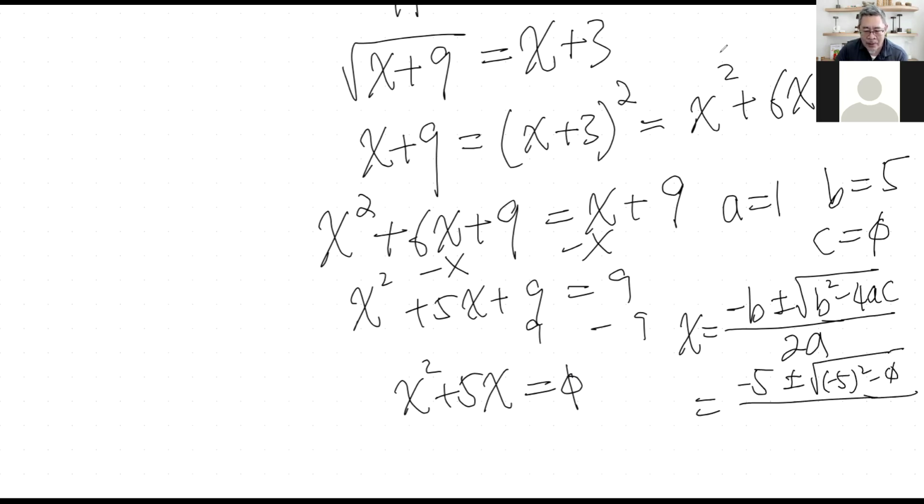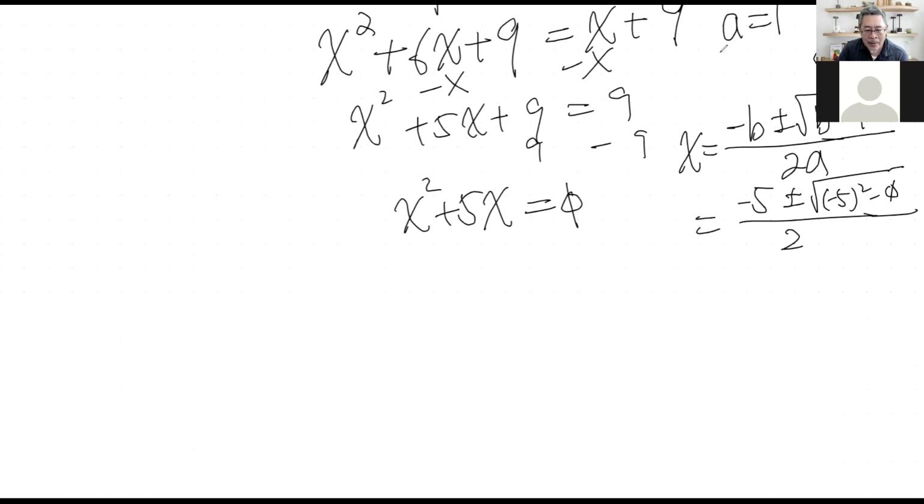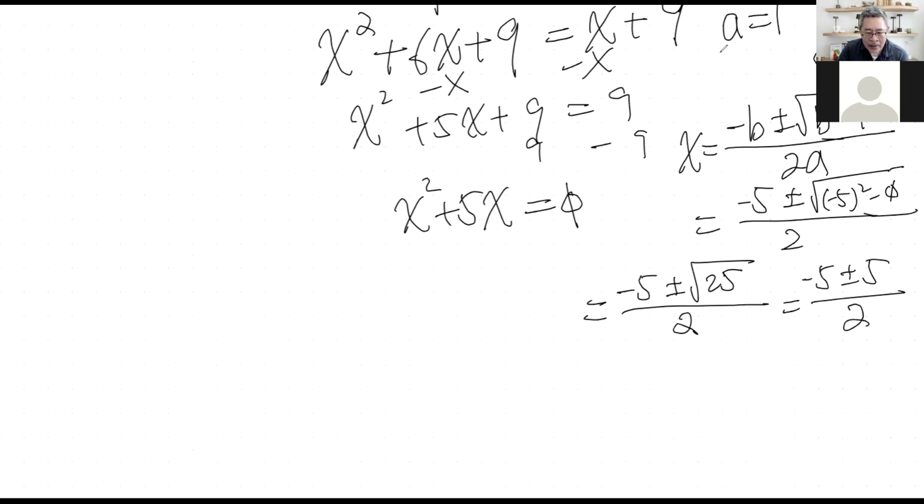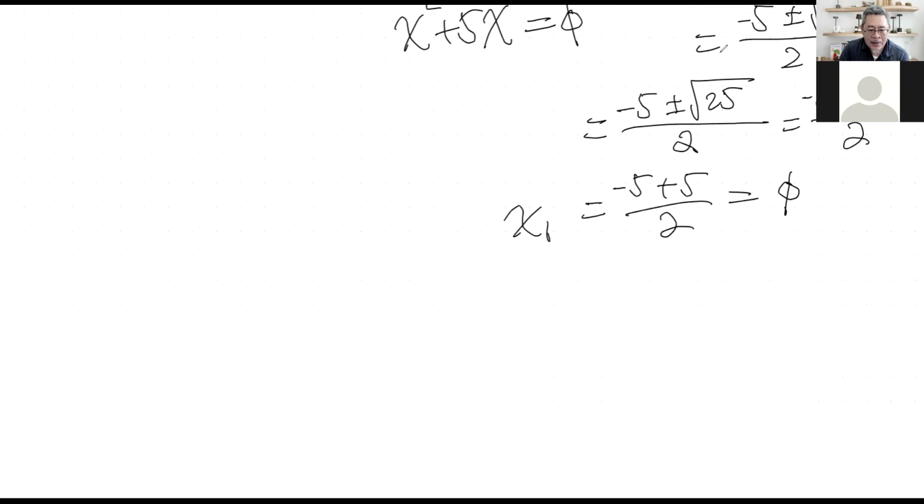And 2 here, and that gave us negative 5 plus or minus the square root of 25 over 2, and that gives us negative 5 plus or minus 5 over 2. So we got two answers: negative 5 plus 5 equals 0, that's 0, good? And the other one is negative 5 minus 5 over 2, for negative 5, good?